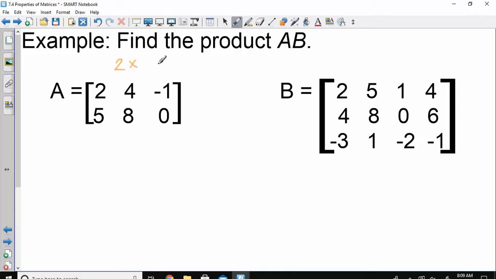How many columns? Okay. Matrix B, how many rows? How many columns? So can these be multiplied? Yes. How big will my final answer be? 2 by 4. So we will have 2 rows and 4 columns.